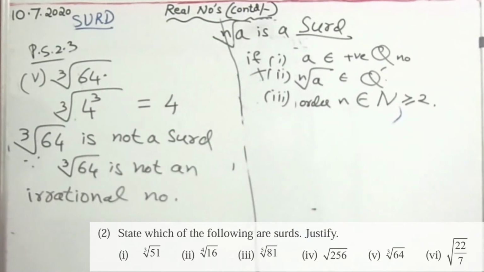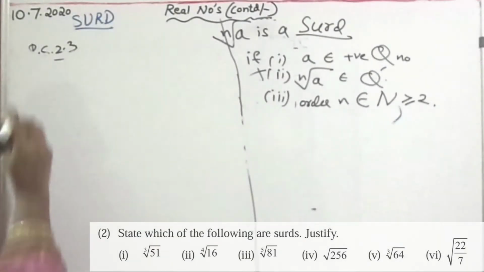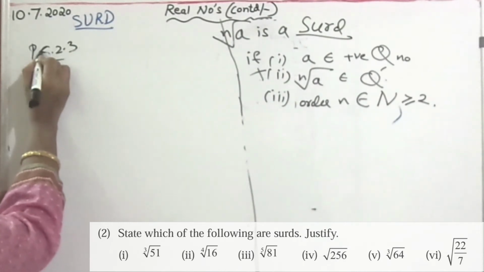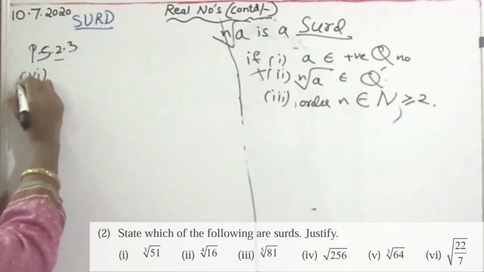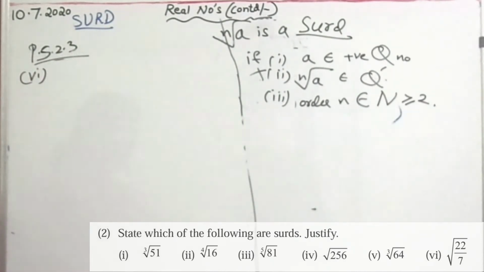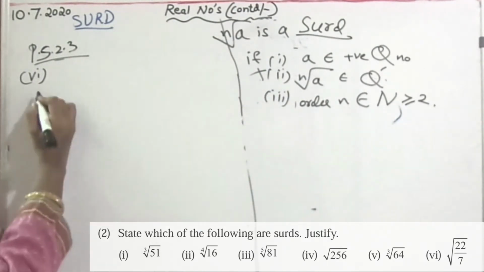Okay, we go to the last sum, sixth one. Root of 22 upon 7.